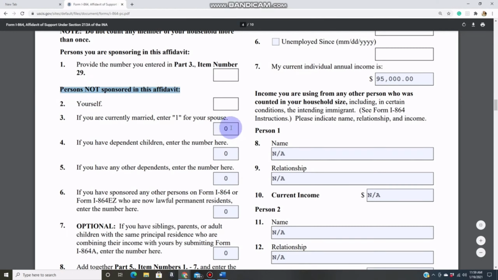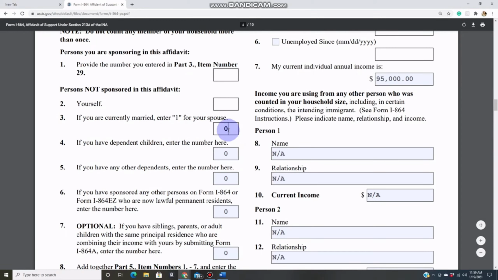Since my husband is sponsoring me and my K2, I will write 0 in this space provided, even though this part is for persons not being sponsored in this affidavit. But since I am being sponsored in this affidavit, I write down 0.